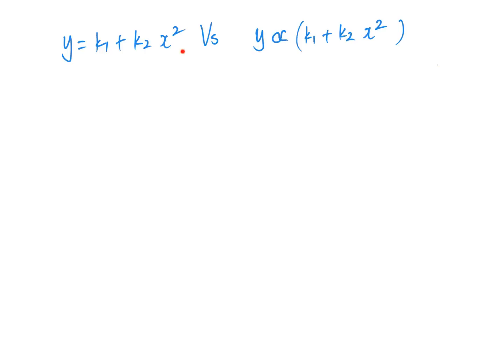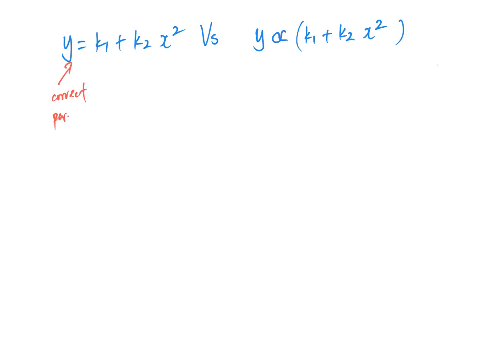Some of you may wonder, in direct variation, inverse variation, and joint variation, we always start with something like y varies as k1 plus k2 x squared. But actually, we will not do the same thing in partial variation. I should warn you that in partial variation, we always start from this one. This one is correct.